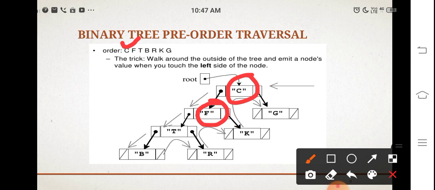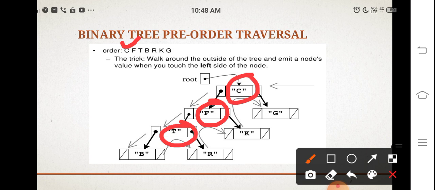Then again we have the subtrees of this root. The root is T, so in pre-order, T again acts as a root, so we need to process it next.